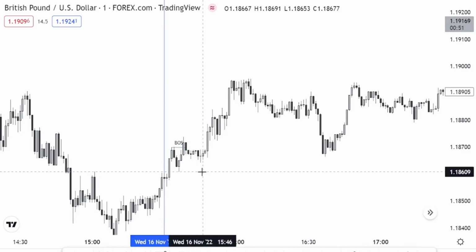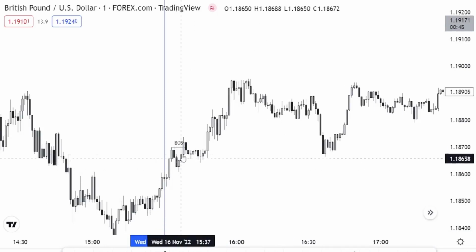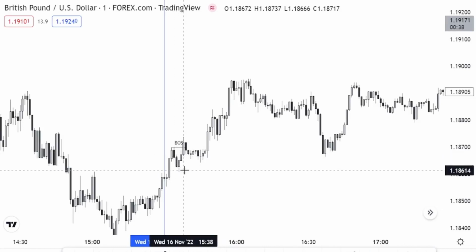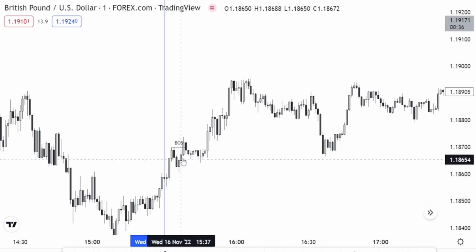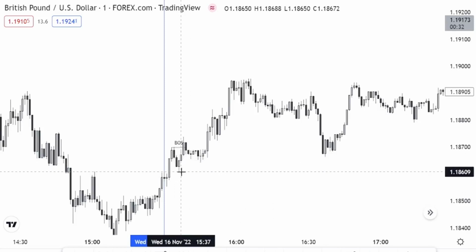Now, this is the 3 candle formation. Candle number 1, this bearish candle. Candle number 2, this bullish candle. And candle number 3, this bullish candle as well. Now, the 3 rules are applied. The first rule is that the middle candle of this 3 candle formation must print the lowest low, and as you can see, it has printed the lowest low.